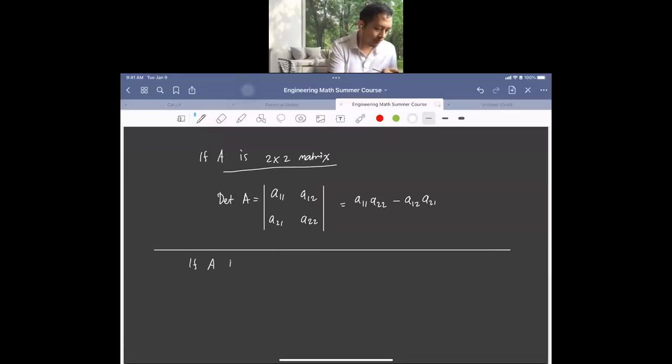And what happens if we have a 3 by 3 matrix?